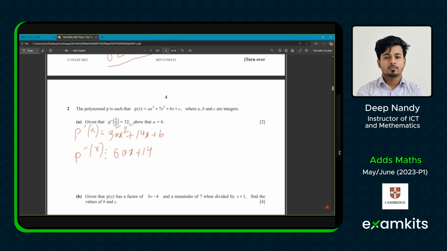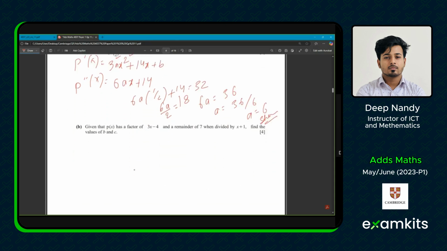So x equals half and p double prime of x equals 32. That means 6a times half plus 14 equals 32. 6a by 2 equals 32 minus 14, that equals 18. Now 6a equals 36, a equals 36 divided by 6, a equals 6.